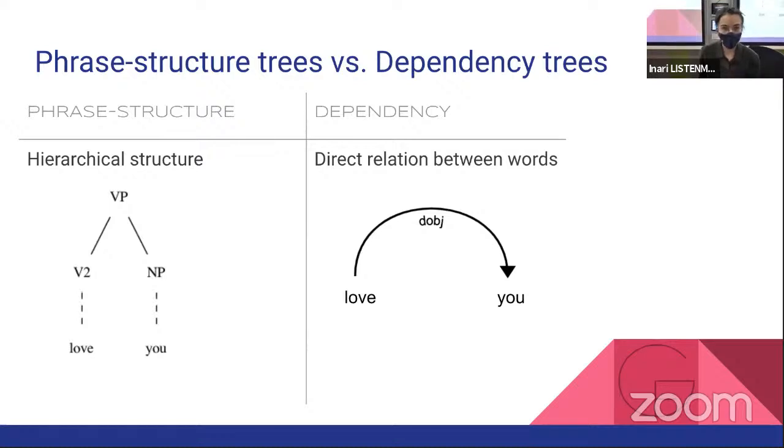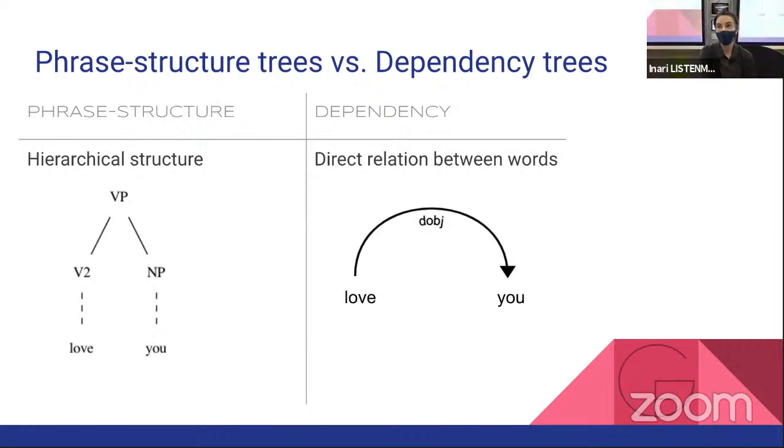Okay, so the two types of trees I'm going to talk about here. The phrase structure trees have this kind of hierarchical structure. They are also called constituency based trees. So we have V2 and NP form a verb phrase. So that's hence the name phrase structure. It's not just two words, it's a verb phrase.